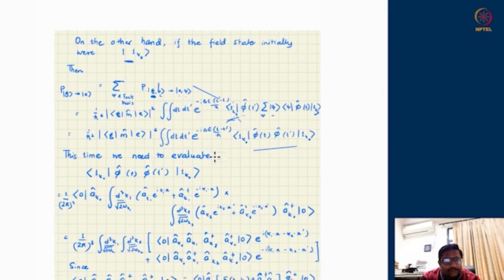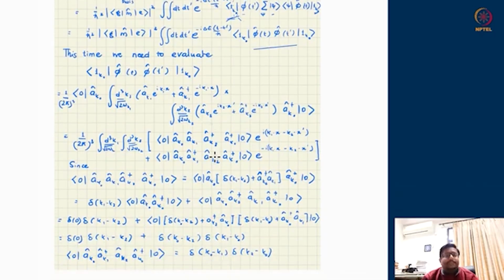So we need to evaluate what the 2-point function's expression is in the |1_k0⟩ state. Recall previously we had obtained the 2-point function in the vacuum state as a simple integral of d3k upon 2 omega k and an exponential phase. This time also very similar kinds of expressions will come about, but we have to correct for the fact that the state is not vacuum.